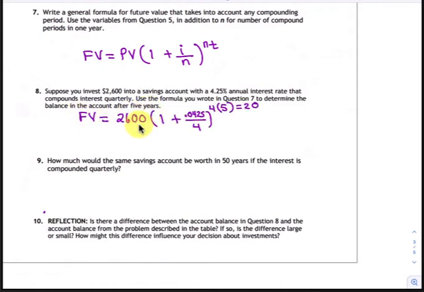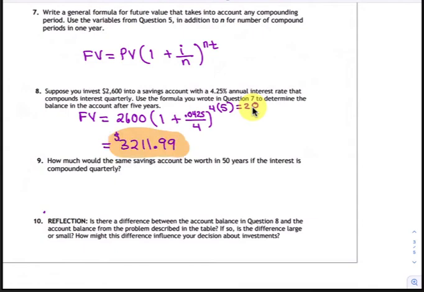So we have future value equals the amount you started with, $2,600, that's your present value, times the quantity 1 plus I, your interest rate, as a decimal, 0.0425, divided by n, where n is the number of compounding periods, and since we're doing it quarterly, that's 4 quarters in the year. So that's 4 there. And then raised to the power of n times t. All right, n is 4, and then t is the number of years, which is 5. Now you'll multiply 4 times 5, that'll be 20. So your exponent is going to be 20.